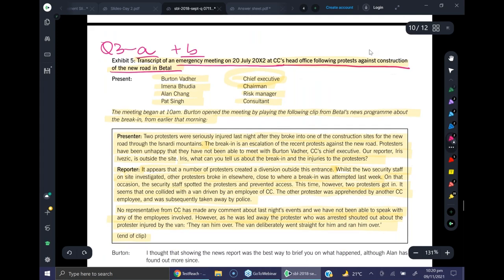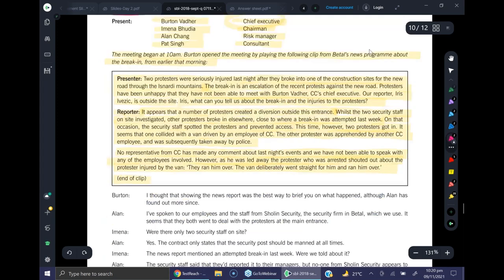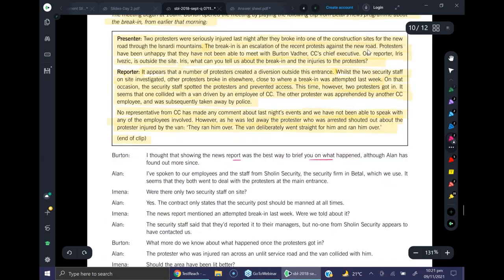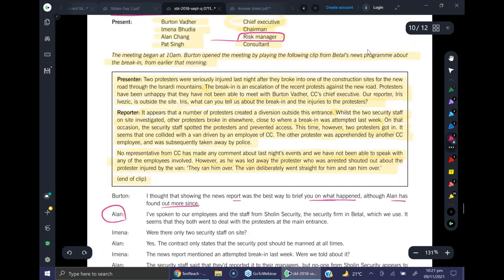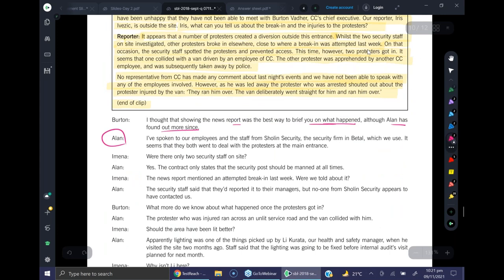I thought that showing the news report was the best way to brief you on what happened, although Alan has found out more since. I have spoken to our... Alan is the risk manager. So Burton played the clip, and Alan says that I have spoken to our employees and the staff from Sholen Security, the security firm in Beetle which we use.